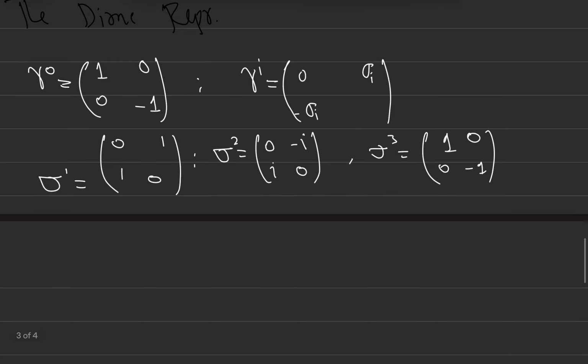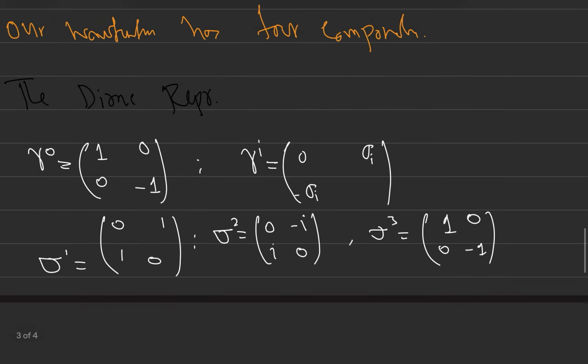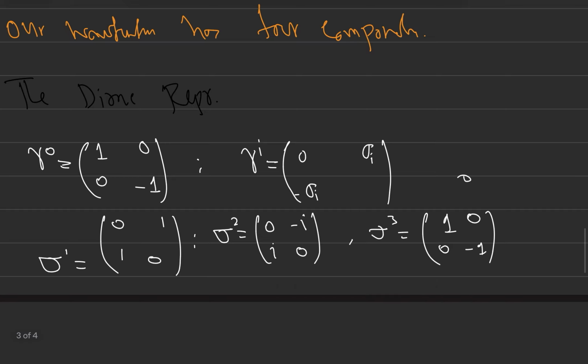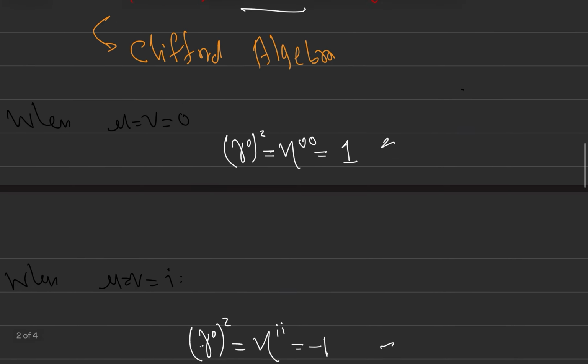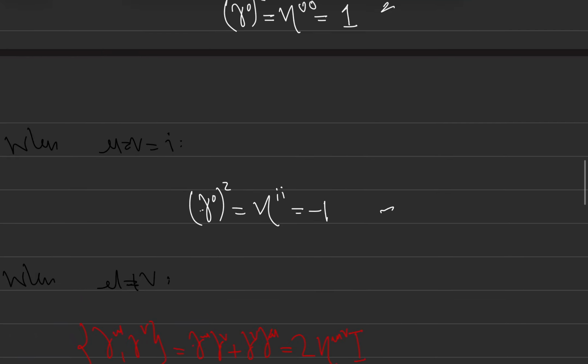Now you can go ahead and, as an exercise, use these matrices or this representation to check or verify that these 3 properties that we needed are satisfied. Take it as homework.